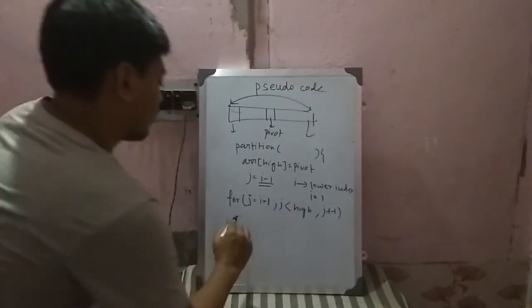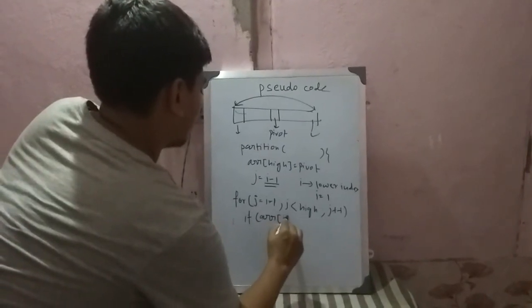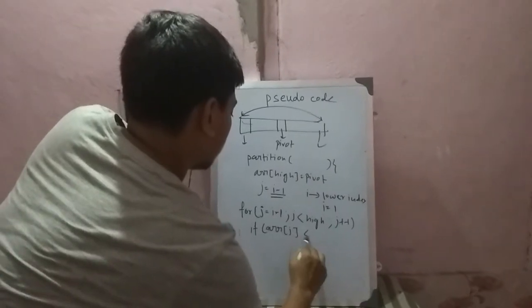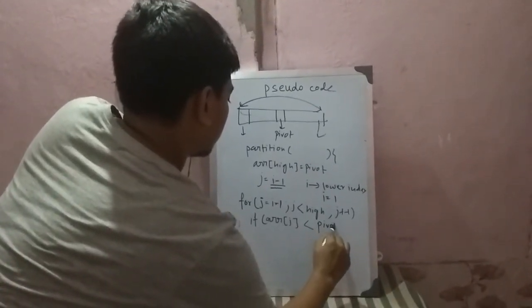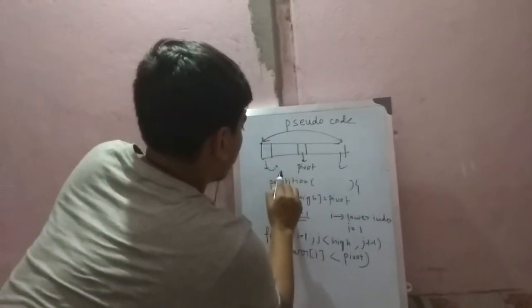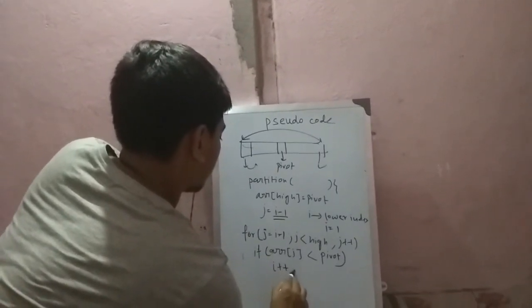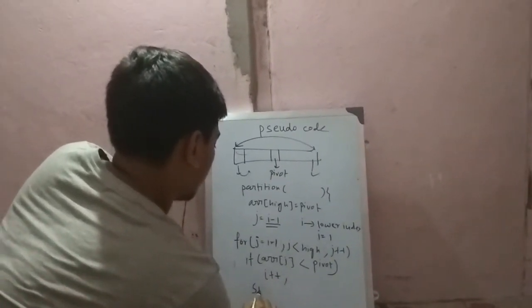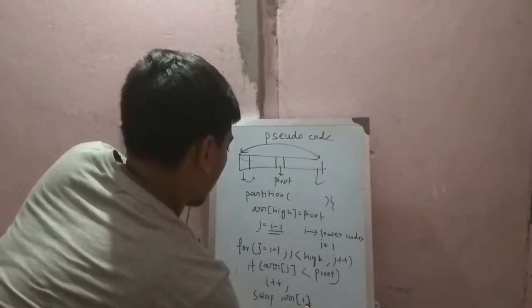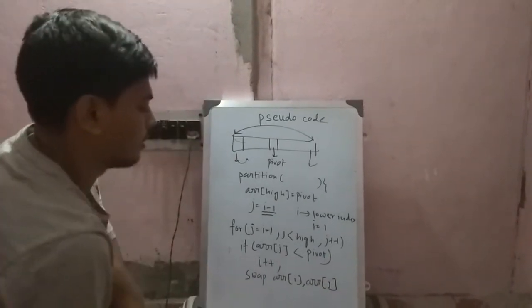If array of j is less than pivot, then we move the array. Then i plus plus, and you swap array i and array j.